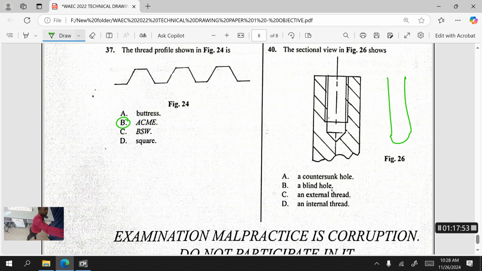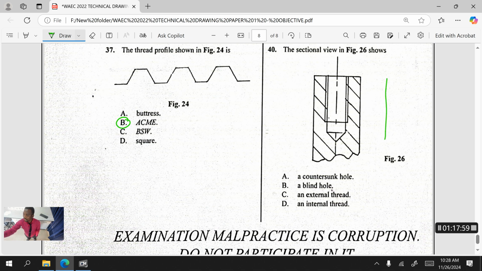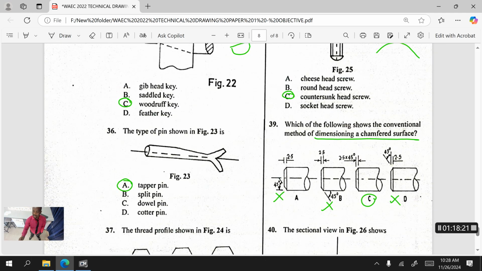Do you get it now? I hope I'm drawing it correctly. If it is a blind hole, the base is going to come this way. But in this case, we are having this like this. The answer is D, an external thread. So we come to the end of answering this.